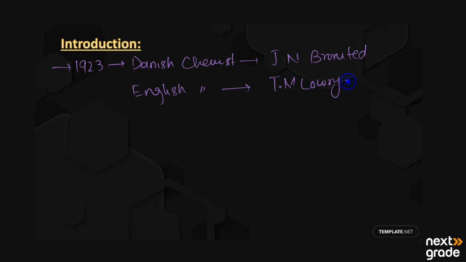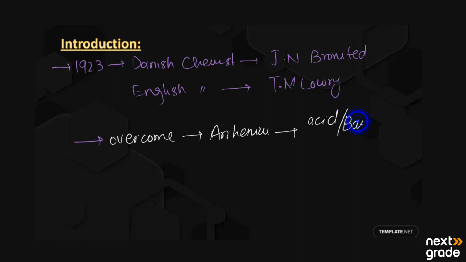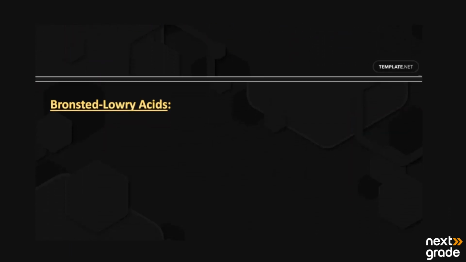They independently expanded the Arrhenius acid-base definitions. They tried to overcome the concept proposed by Arrhenius about acids and bases. So let's see what the Lowry-Bronsted acids and bases are.